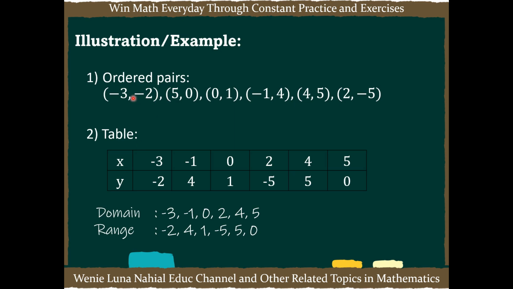But the domain here is also taken from the ordered pairs in the first illustration. For the range, these are the numbers from the y values in the second illustration as well as the second components of the ordered pairs, or the ordinates, given in the first illustration.